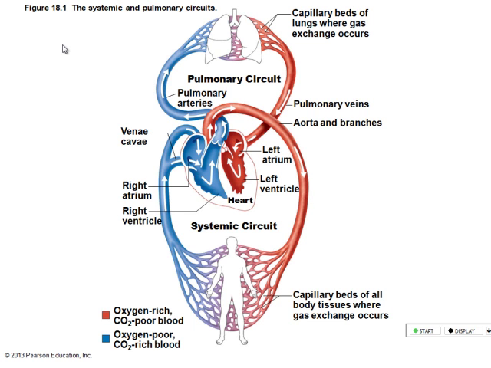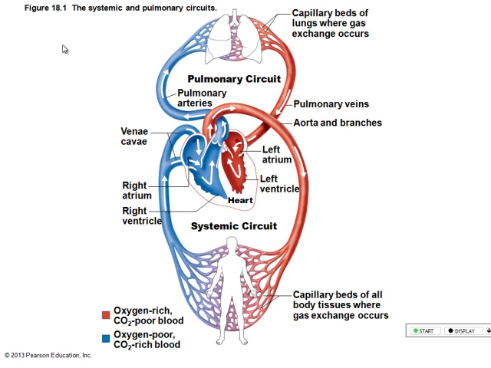Who's going to give me that push? The heart, the pump. The other reason I go back to the heart is because I need to drop off my waste products. In the case of respiratory gases, it's carbon dioxide. And I need to pick up some new oxygen on my hemoglobin molecules.